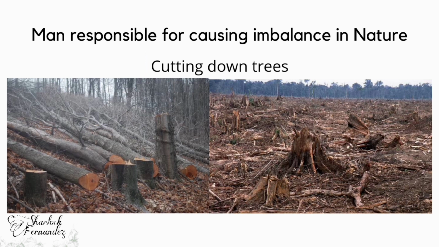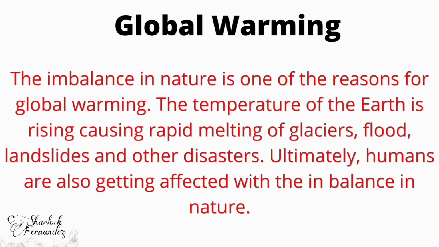Man is also responsible for causing imbalance in nature. We are cutting down forests to build cities. This way, we are reducing the land for plants and animals. The imbalance in nature is one of the reasons for global warming.